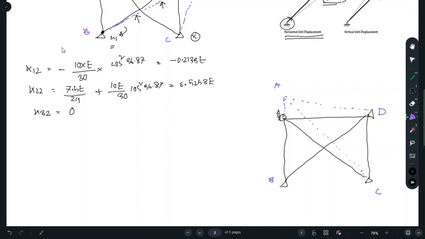And you will find out the three stiffness. So this is the point of K13. This is the point of K23. Sorry, this is the point of K23. Your K23 would be here, and this is the point of K33.